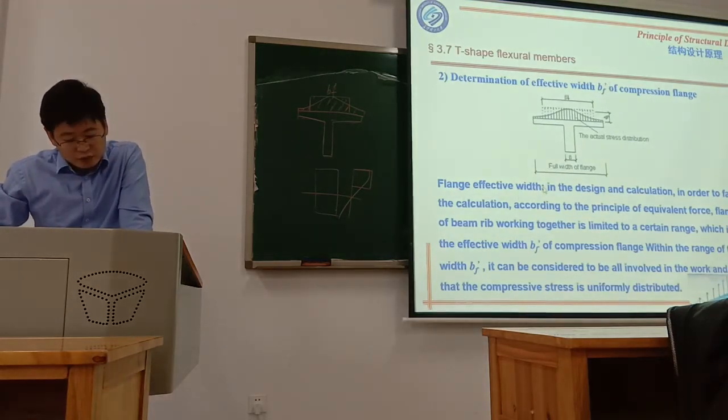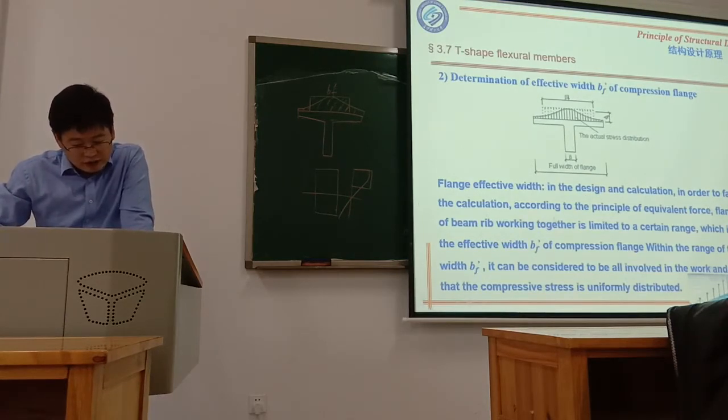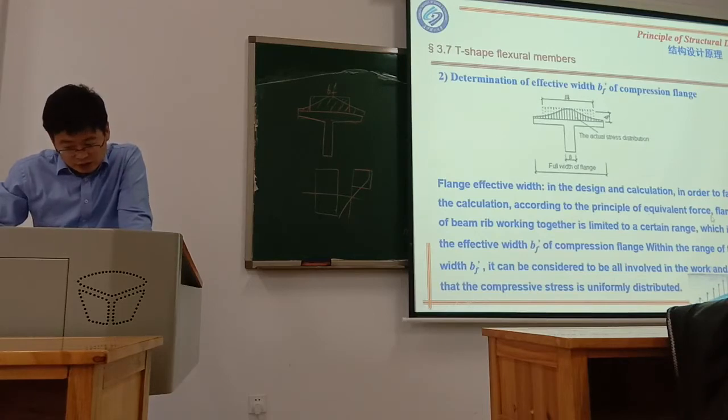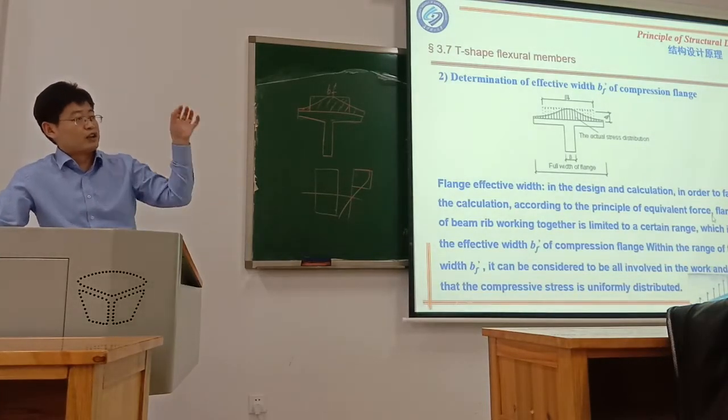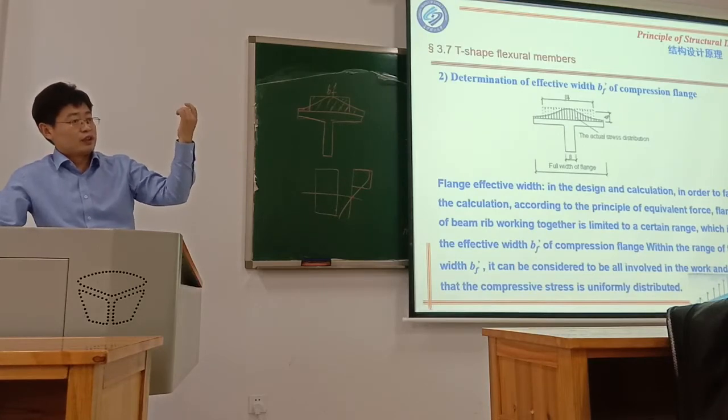This is the flange effective width. In the design calculation, you want to facilitate the calculation according to the principle of equivalent force. Equivalent force means the action point and the total value of the force remain unchanged.